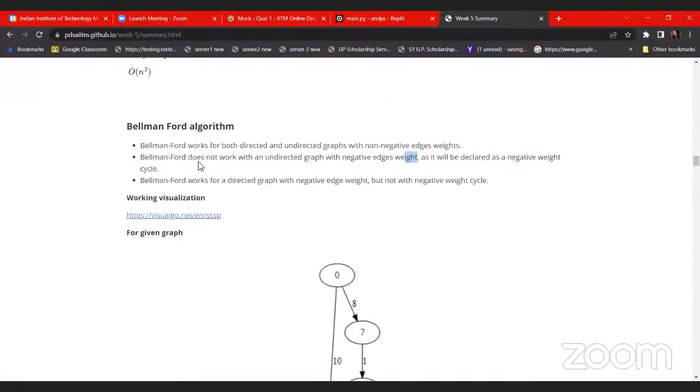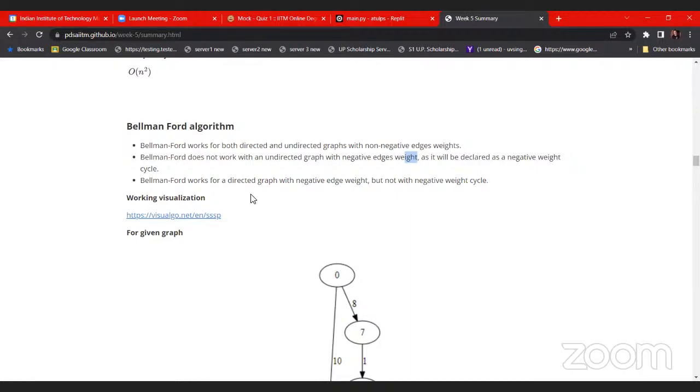Bellman-Ford works for a directed graph with negative edge weights, but not with negative weight cycles.